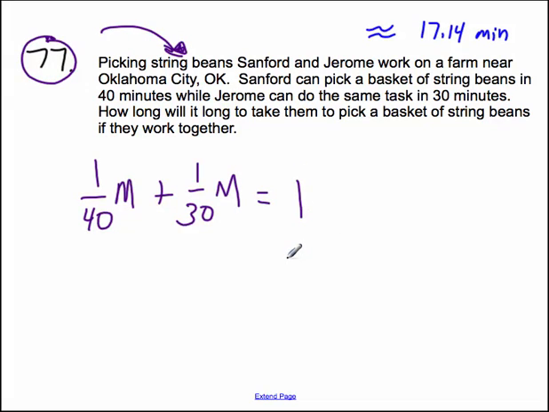Or how long will it take them to pick a basket? Their rate times the number of minutes they work to pick one basket. There we go. Rate times time plus his rate times the same time is equal to one basket. How long is it going to take him to do that?